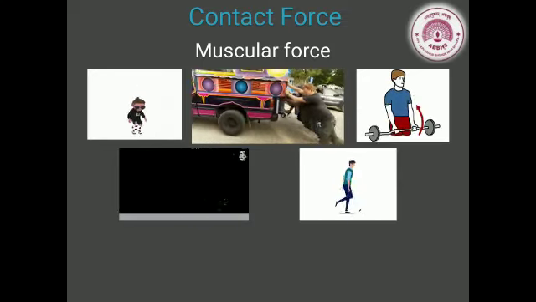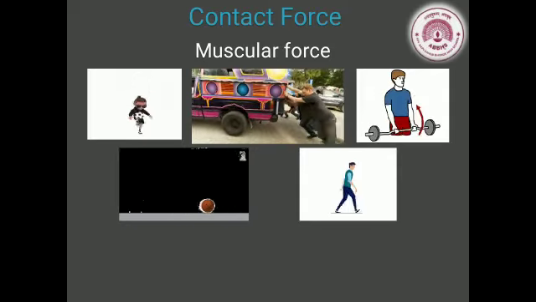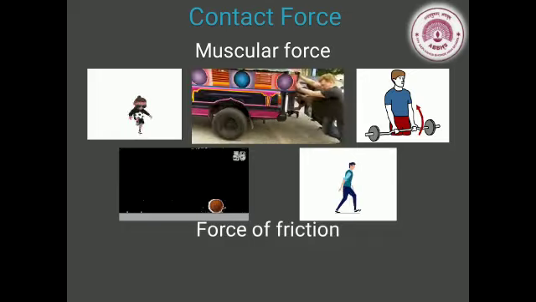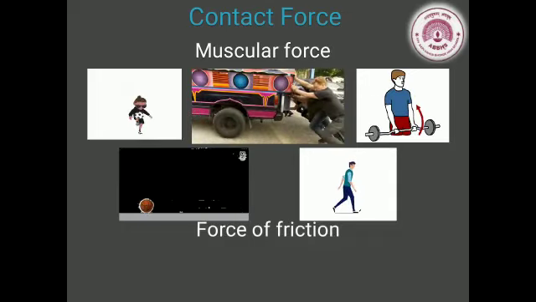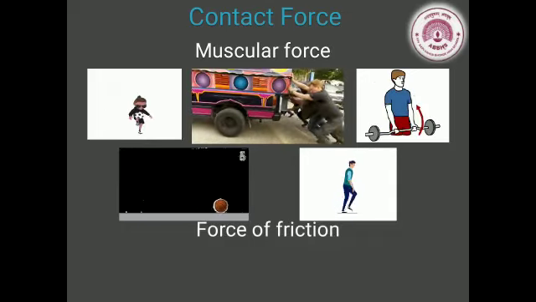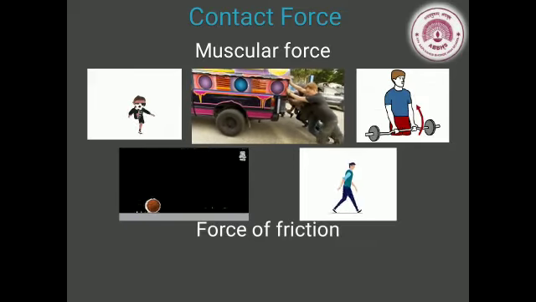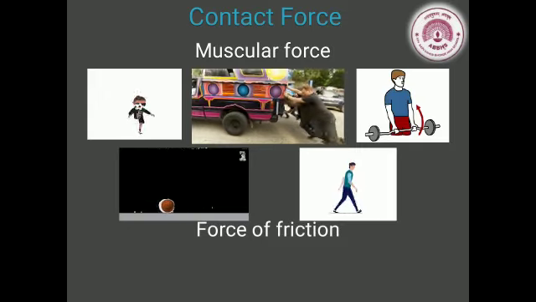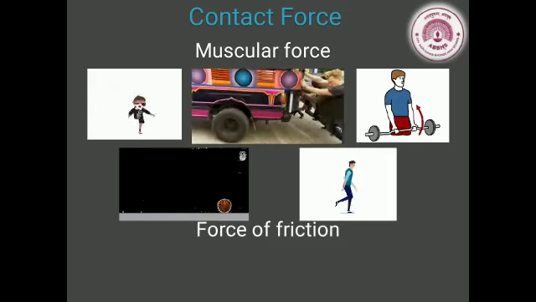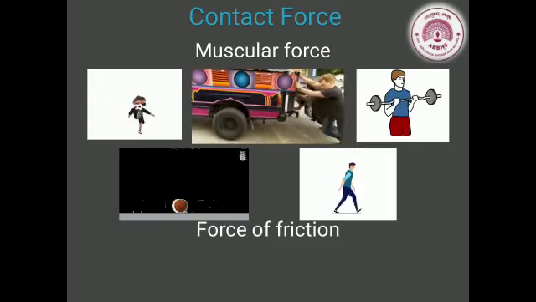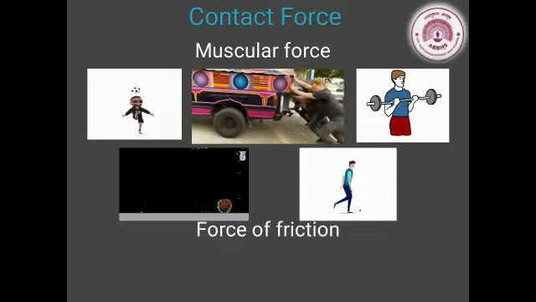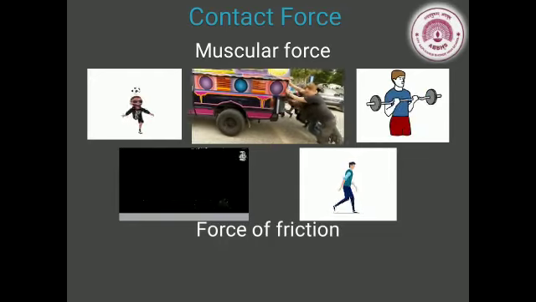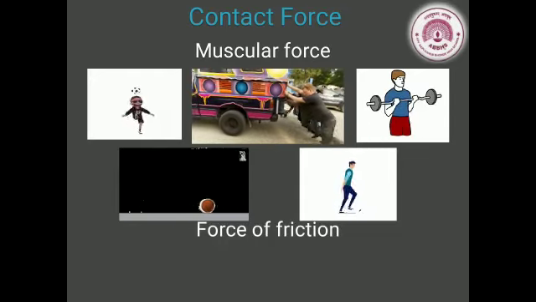Is there any other contact force? Yes, force of friction. Let us understand. When a ball is kept on a table and pushed a little, it moves ahead and gets slow and stops. Also, a car running on a plain road travels some distance and stops after the engine is switched off.